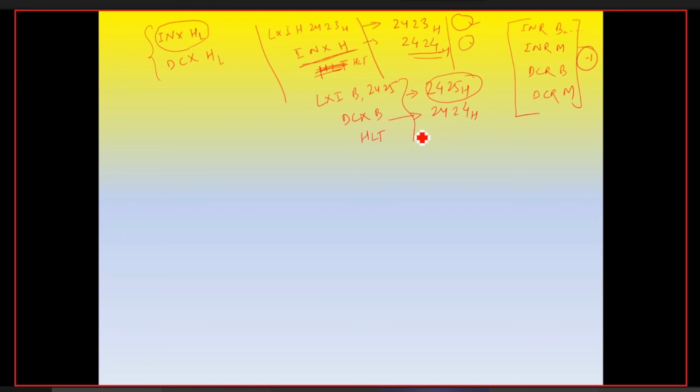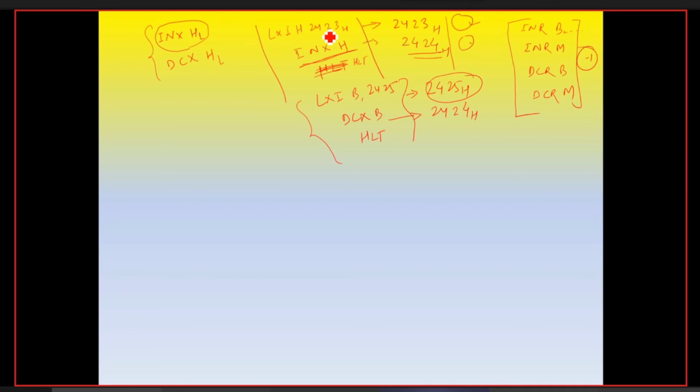Is it clear? These two instructions? Yes or no? LXI H 2423, INX H means this instruction will increment the 16-bit value, the address will increment by 1.